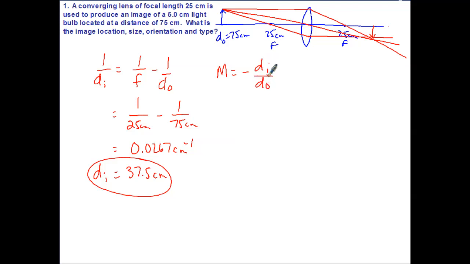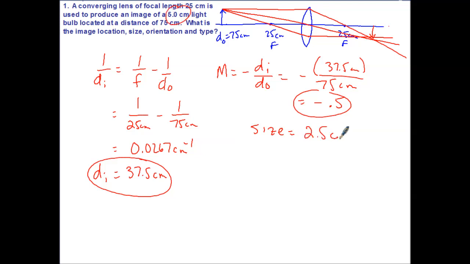Negative, DI we said was 37.5 centimeters and DO was 75 centimeters, and so we get about negative 0.5, and again, the negative means that it's inverted. 0.5 means it's half as big, so the size would be about 2.5 centimeters, and its orientation would be inverted.